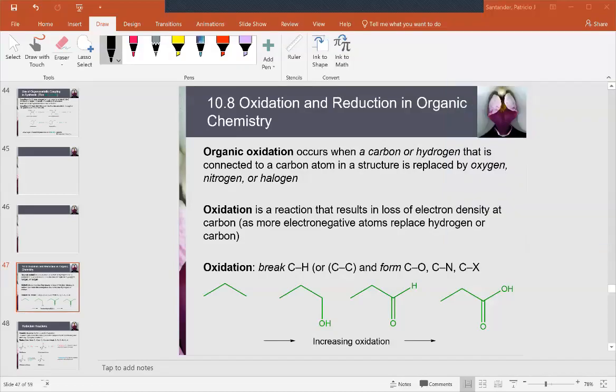Okay, there is only one section left to be covered in this chapter, chapter 10, and that deals with the oxidation and reduction of organic compounds.